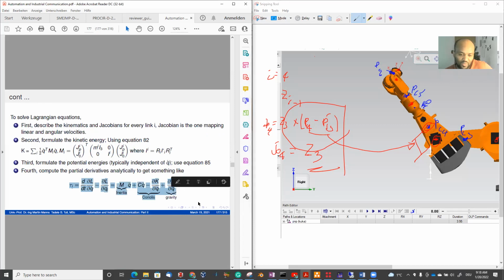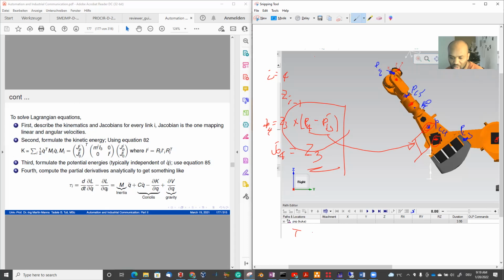This equation gives a generalized force, which could be torque or force. We don't have to define this now.